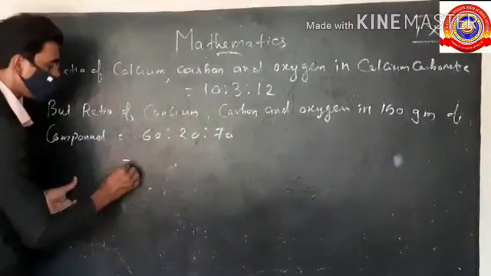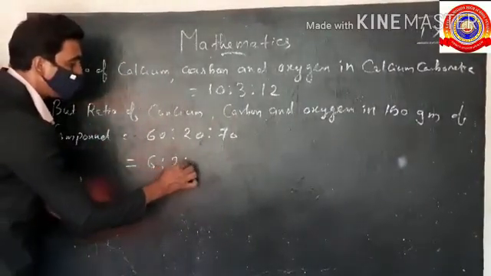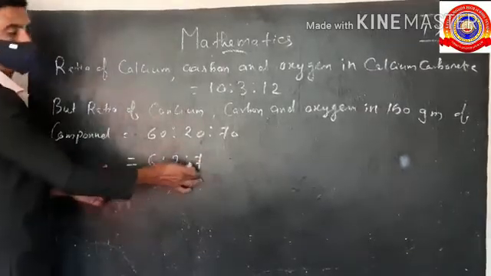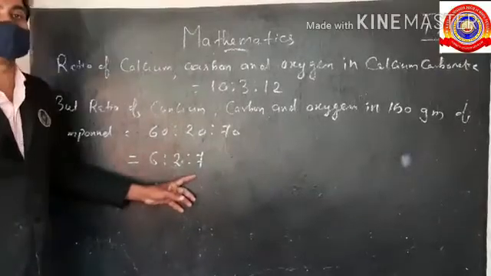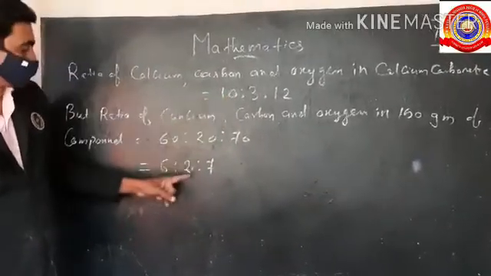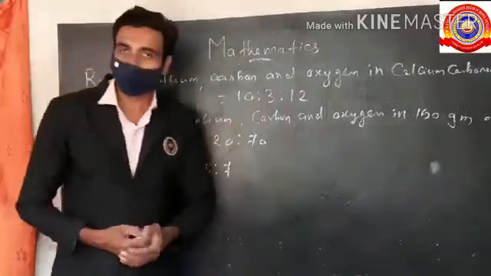When we reduce it, 6:2:7. Then these ratios are not equal. So the compound is not a calcium carbonate, right?